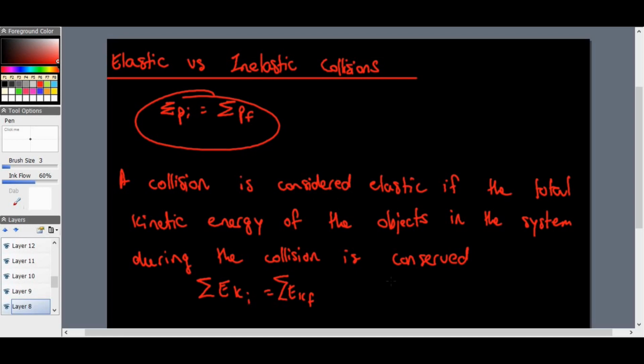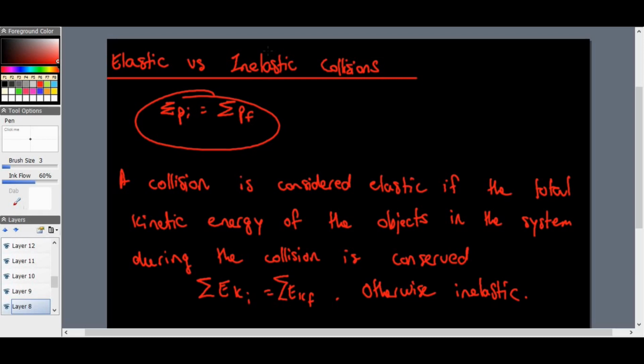The definition goes afterwards to say otherwise, inelastic.